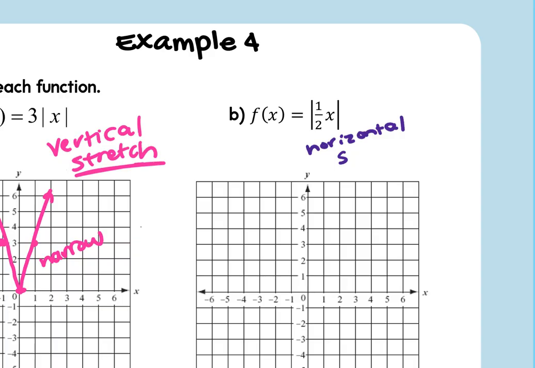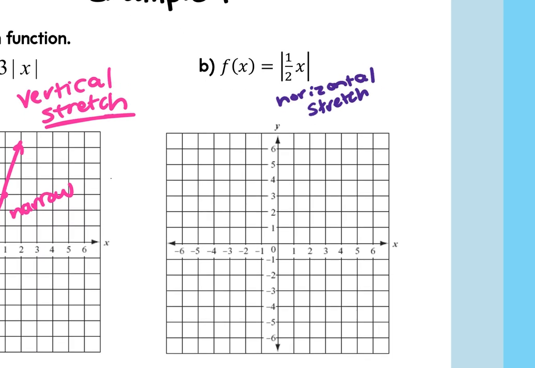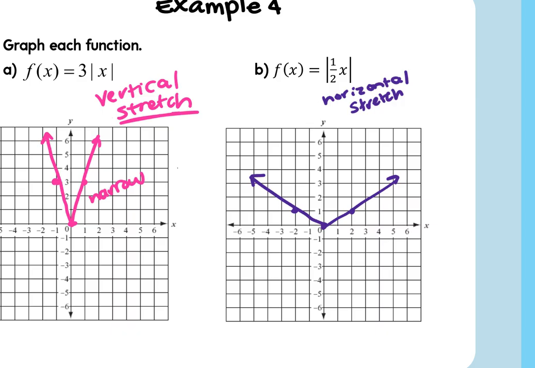No, sorry, stretch. Oh my goodness. Stretch. So I'd start at 0, 0, and instead of going up and out 1, I'd go up and out 2. And I'd either say stretch on the top or I'd say wide.